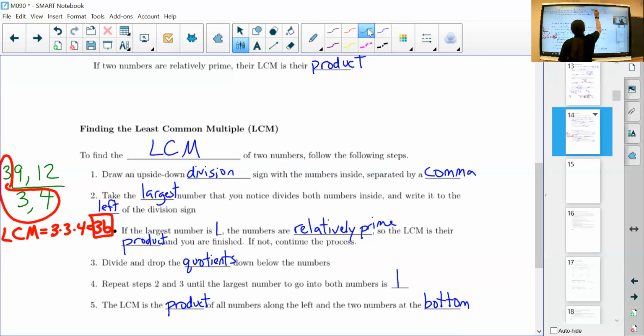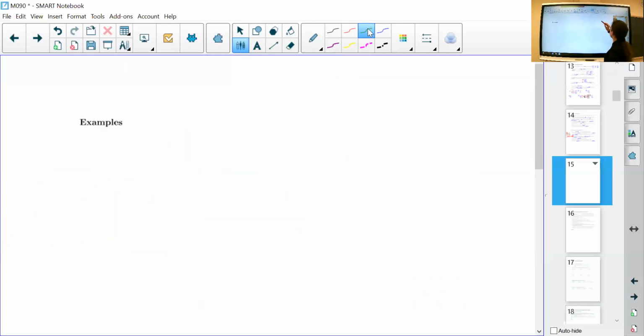Let's do another example. So we've got our first example. Move on to page 15 and start in on examples here. I'm going to look at 36 and 90. If you're feeling pretty confident, go ahead and pause the video and start on that. Notice that there are a number of ways that we can start this out.